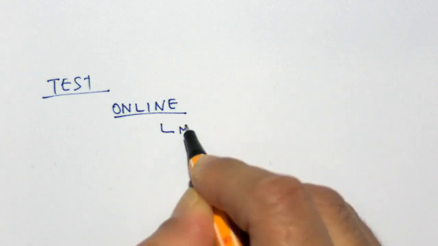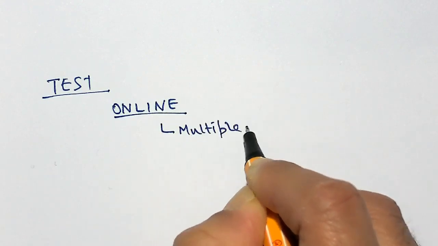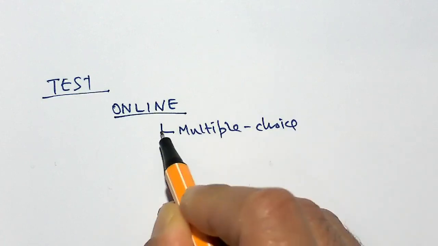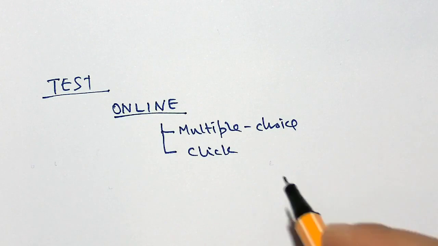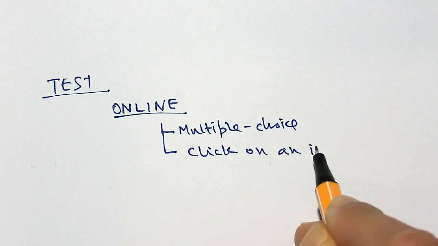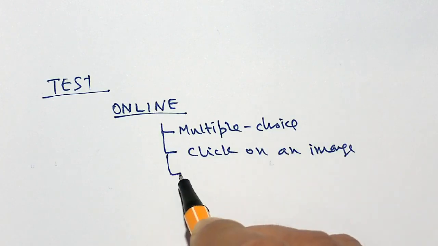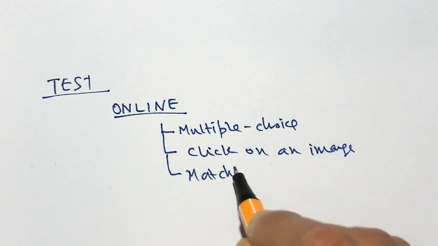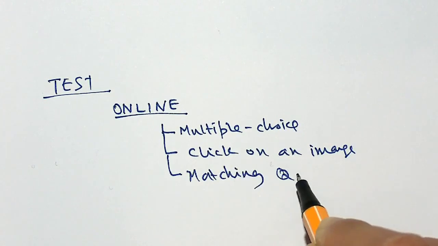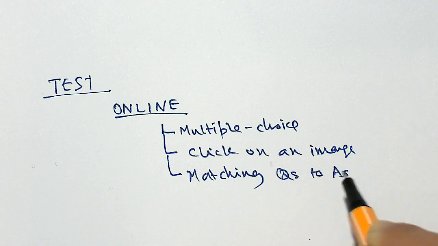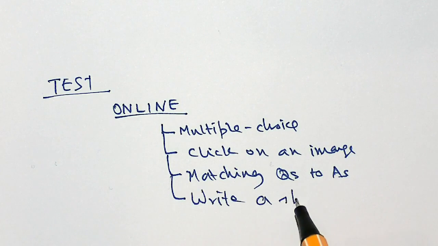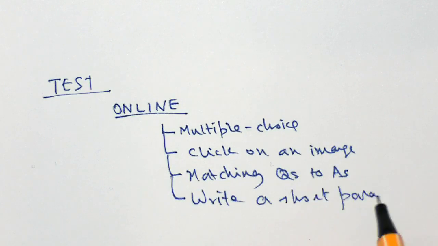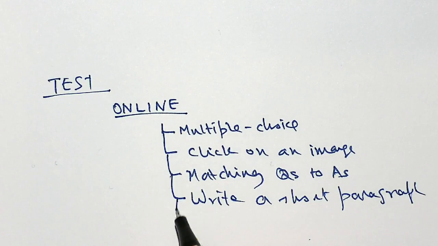It could be multiple choice questions, or you could have to click on an image, match one side to the other, matching questions to answers, and write a short couple of lines, a short paragraph, for example, or true or false.